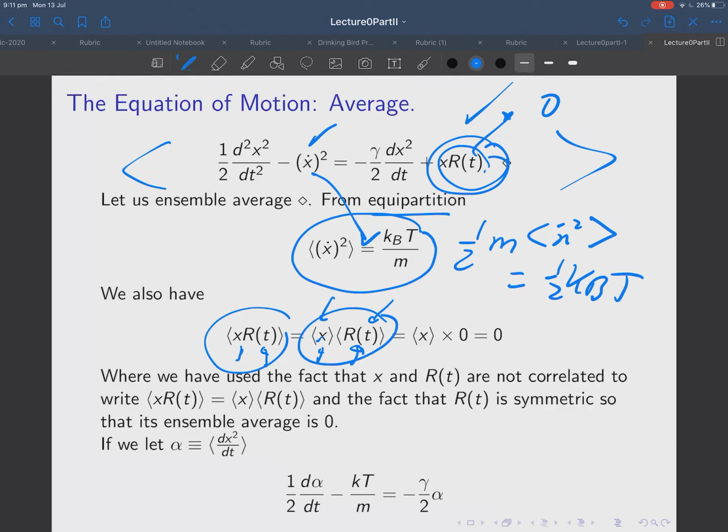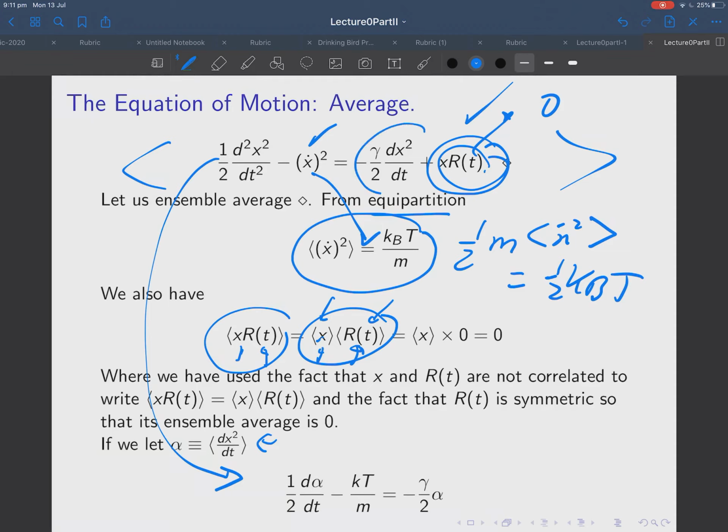Then we're going to let alpha be defined to be the ensemble average of d x squared by dt. Just take lots of copies of it and find out what the average value is. This means our equation becomes much simpler. It's half d alpha by dt minus kBT on m equals minus gamma on 2 alpha.